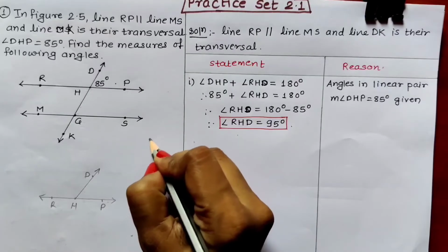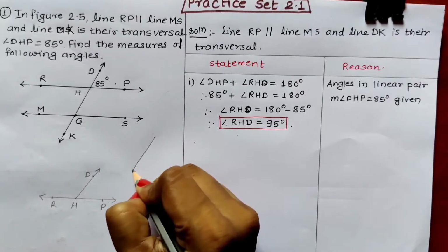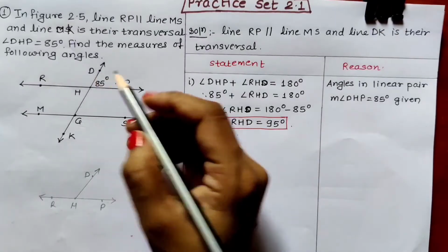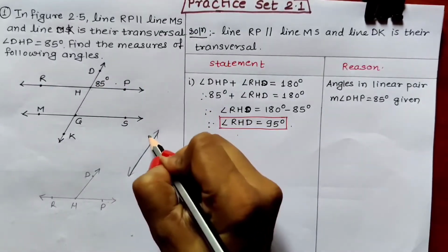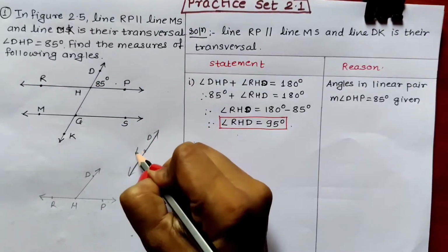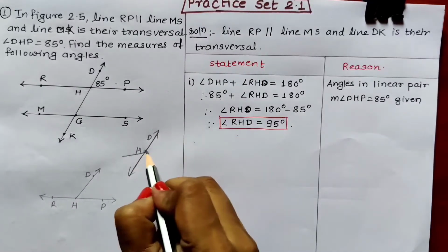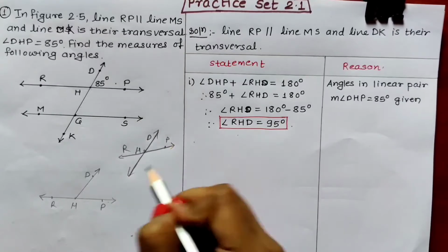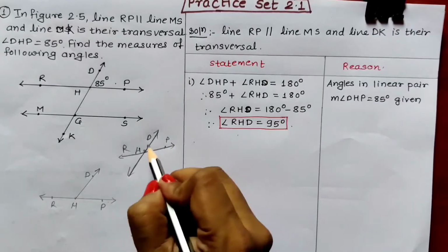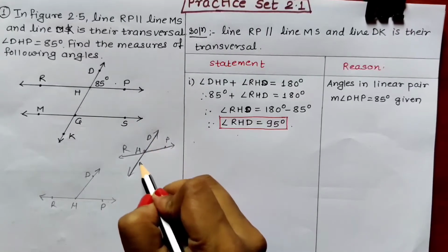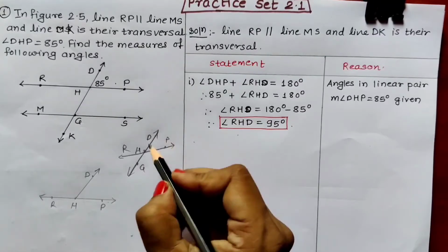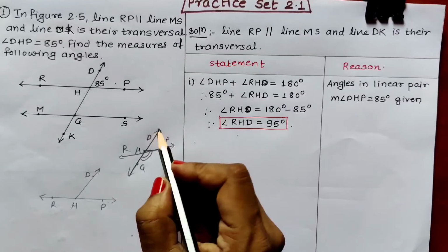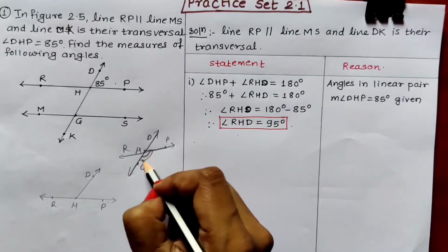See, I am drawing the diagram again to show you properly. So this is DH, and when we draw this line RP, this is line DK, and here point G is there. So this is angle PHG, and we will have to find out the measure of this angle PHG.